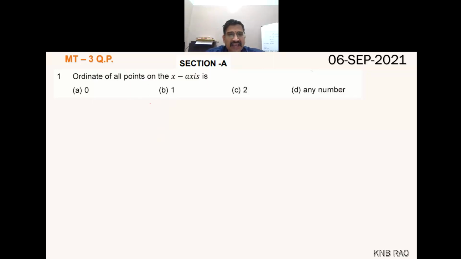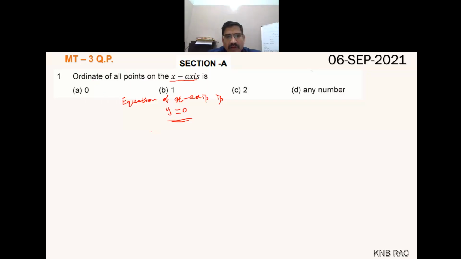Here, ordinate of x-axis. X-axis equation is y equals 0. So the moment you can recollect this important concept, that is equation of x-axis is y equals 0, there itself you will get the answer. So ordinate refers to y coordinate.